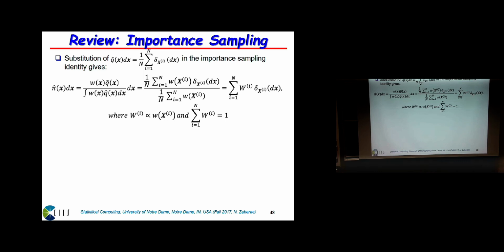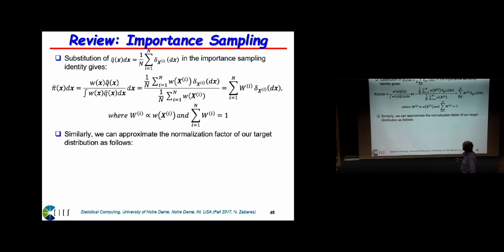All right, so this is the whole idea, right? That the samples come from the distribution q. That's why q looks like that. All right, but when you plug them in pi, which was looking, do you remember, w q divided by this normalization factor, basically the approximation looks like these delta functions, but now you can see there are these normalized weights, which are the weight divided by the sum of all the weights. Okay?